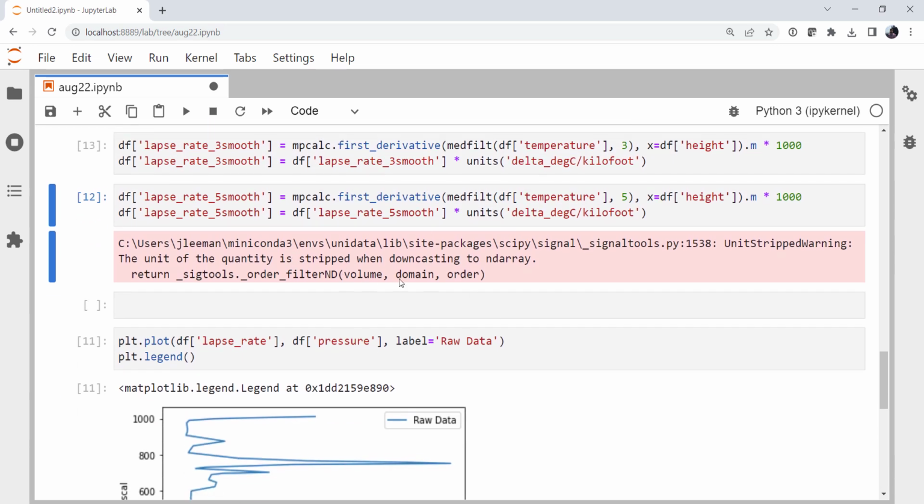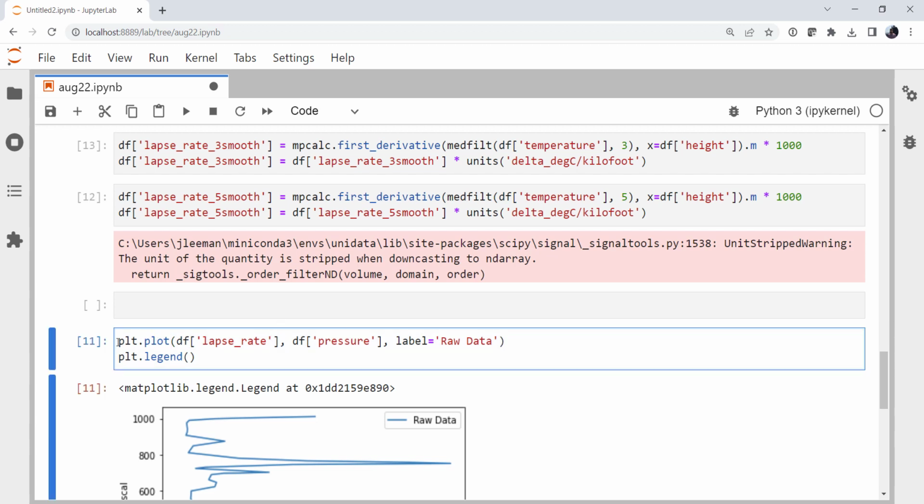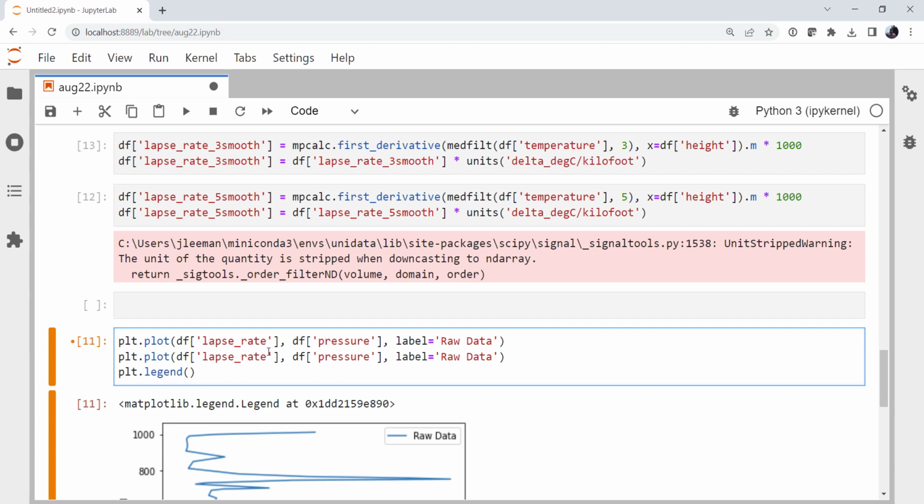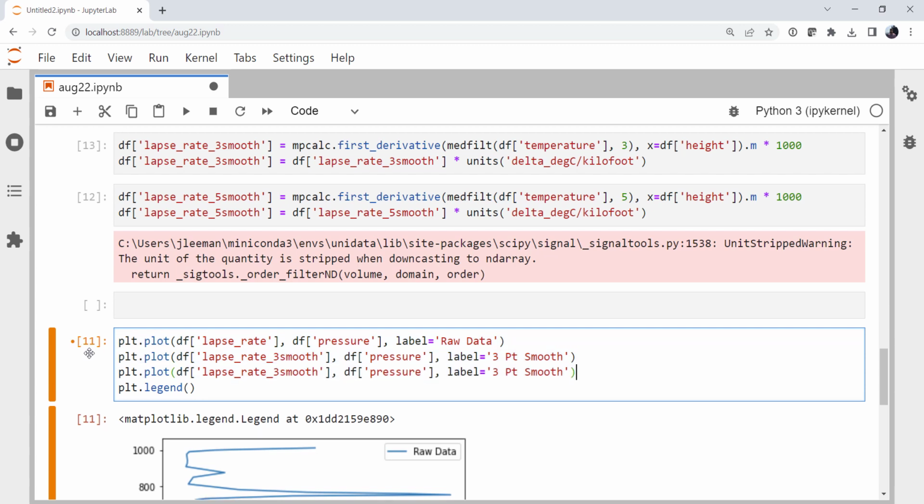Okay, we have a unit stripped warning, but we're taking care of that. And now let's do some plotting. Lapse rate 3 smooth. And this is a 3-point smooth. We will do the same thing for 5 points.